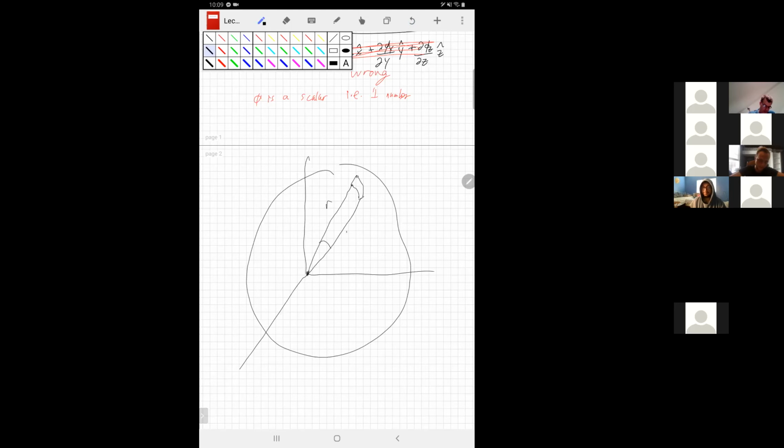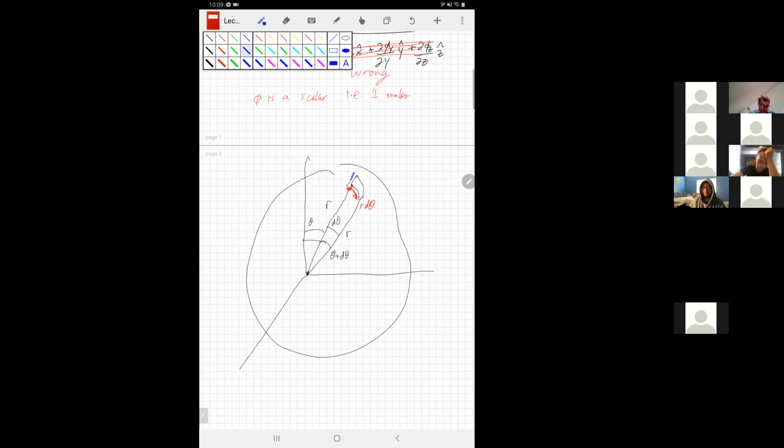Now this distance is r, this distance is r. If here we're at an angle theta, then here we are at theta plus d theta. So this is d theta. So this arc length here would be r d theta. That's how big it is along that direction.